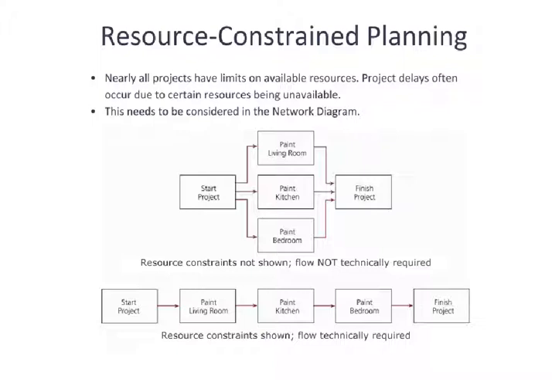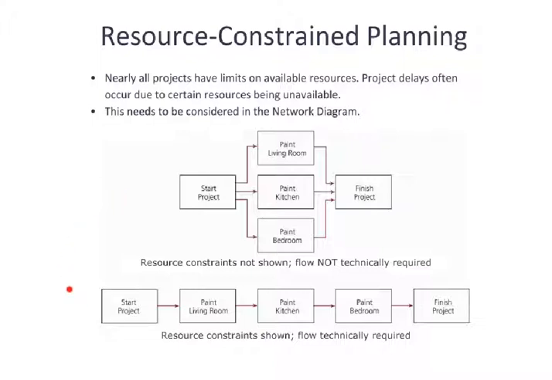So, at the other far extreme, we have the diagram down here at the lower end of the slide. Here, it is fully constrained in that we can only paint one area at a time, either due to equipment or due to personnel. That also could be valid, depending upon the actual resources you have available.